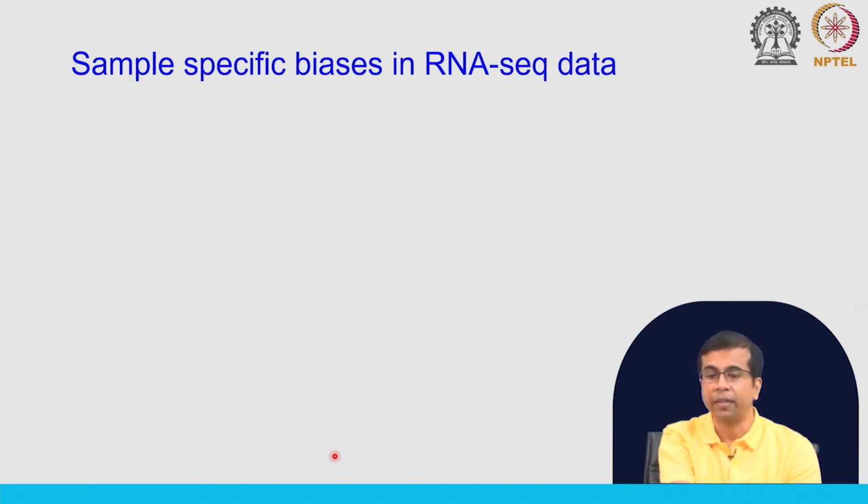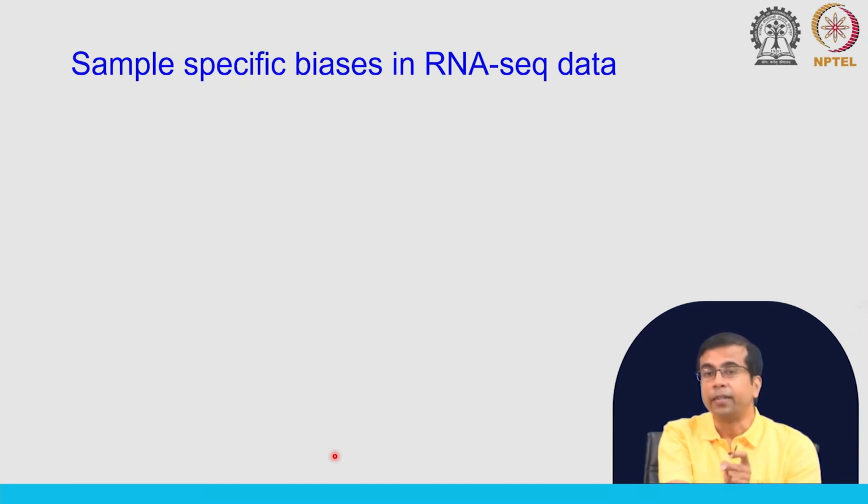Some are sample specific biases, right. So, when I say sample specific biases, I mean these are present in each sample and these are unique, right. They are unique for each sample. This is not like you are processing these 8 samples and you see the same bias across all of them. That would actually be easier for us to deal with, because if you see this kind of uniform bias across the data set, you can filter out these biases quite easily, or maybe if you are doing comparative analysis between samples, you may not have to account for these kinds of biases.